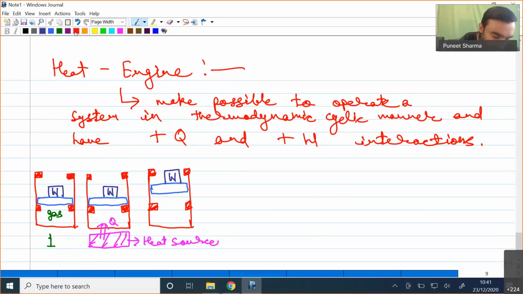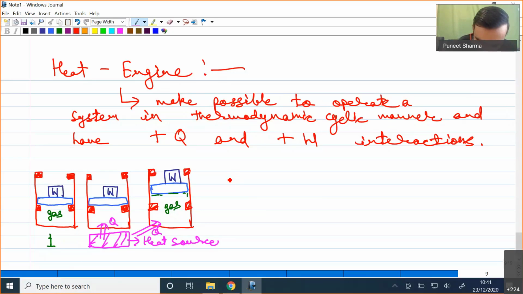Once again we have heat transfer, and now this entire space will be filled with the gas. In this case also I have contact with the thermal reservoir, so heat is being added to the system.